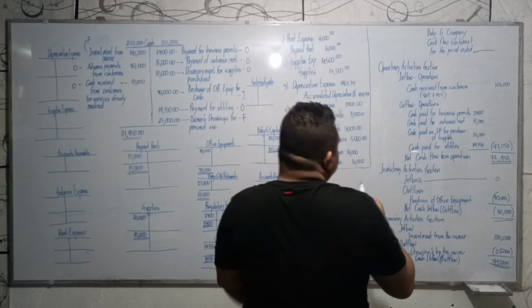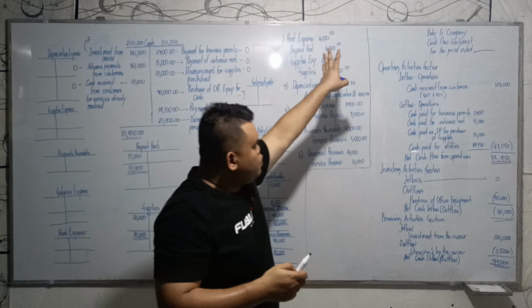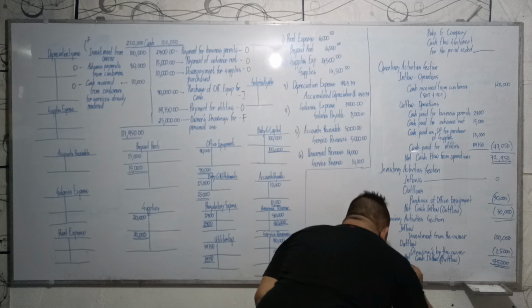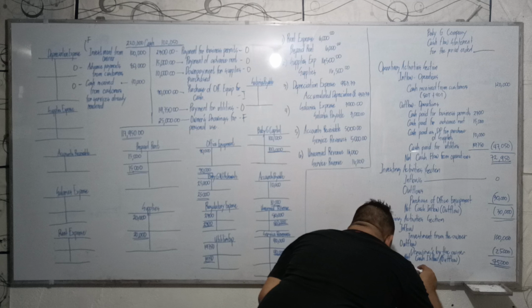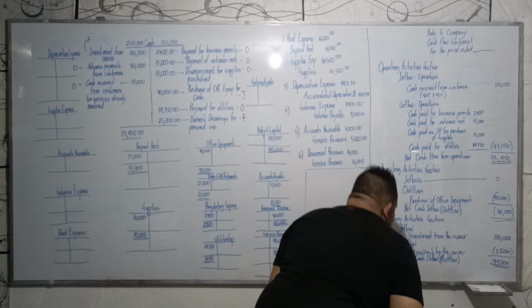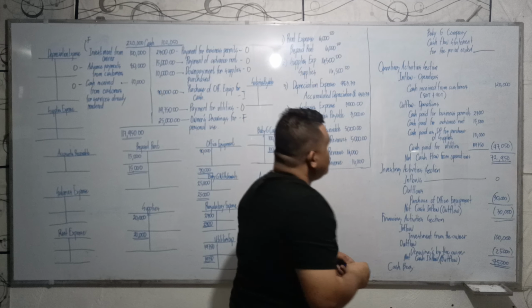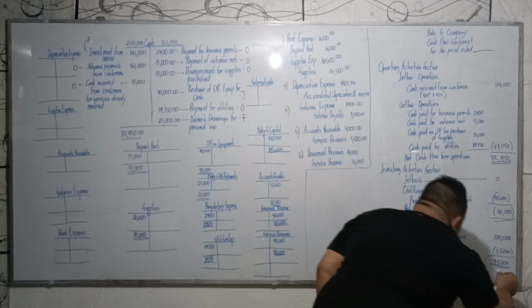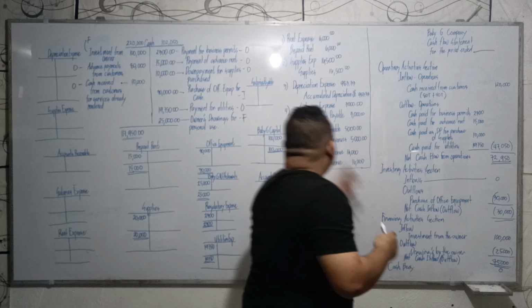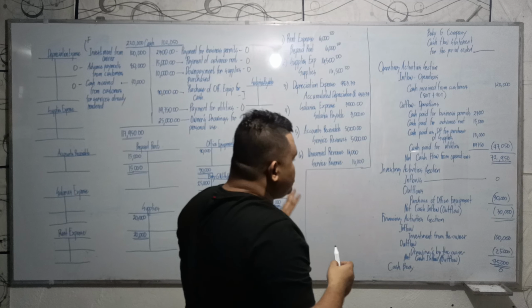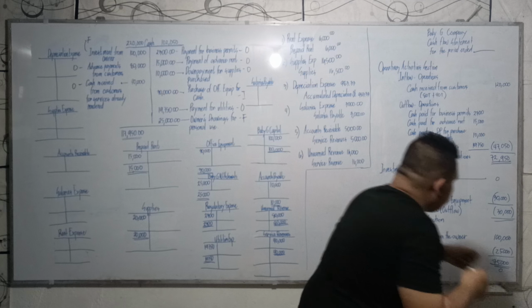And lastly, in that particular format, you have to remember to add the cash beginning. So the cash beginning is the cash ending last year. Since we don't have any cash beginning yet because the BBG company is just starting, we put there 0.